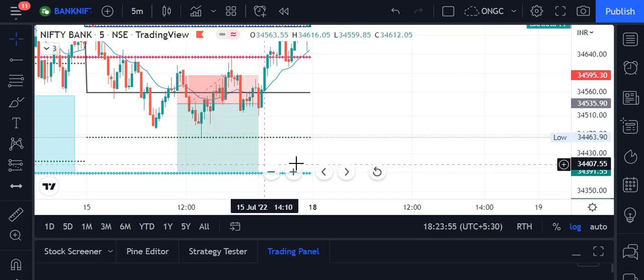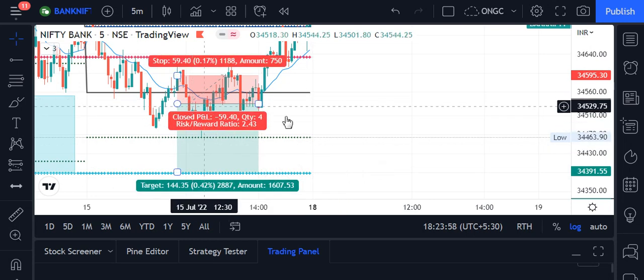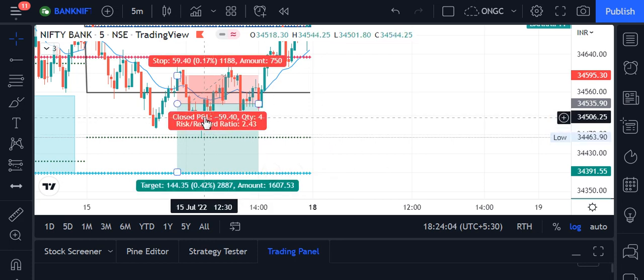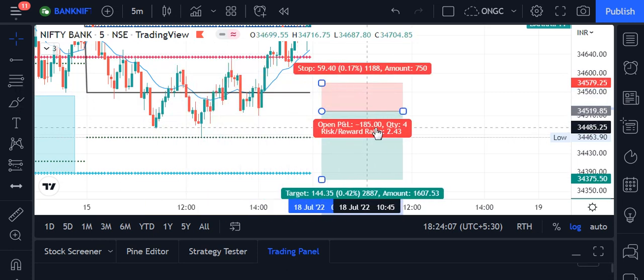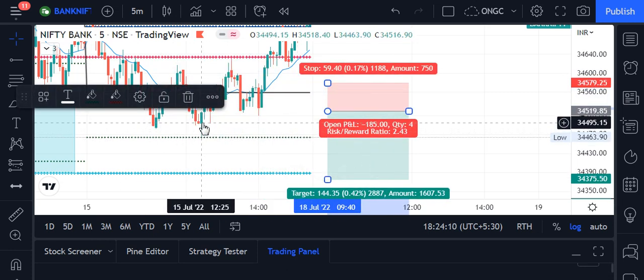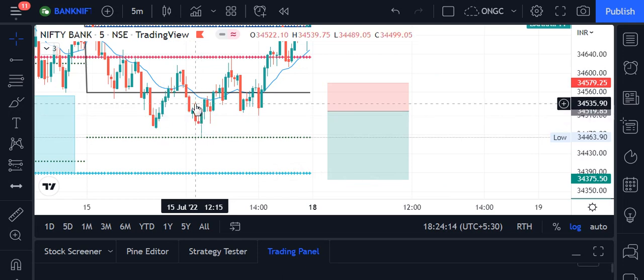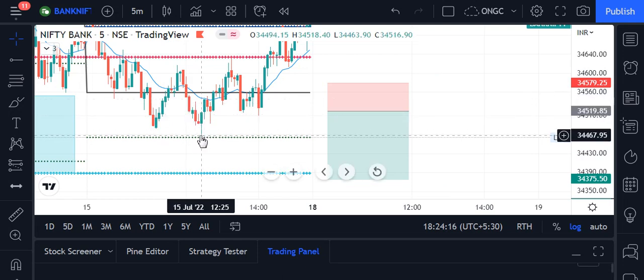The price came down very nicely, but it took support here. I didn't take my profit, though from here to here I had around 800 rupees for each lot.